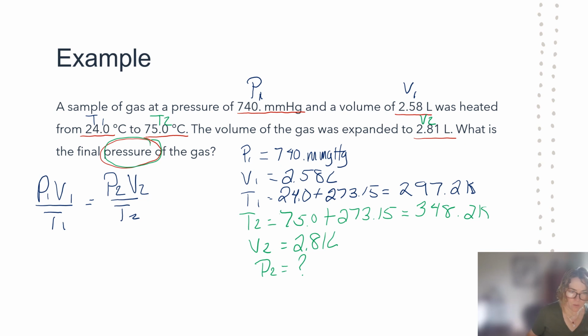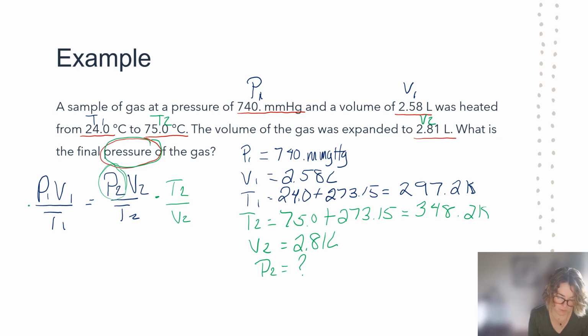The next thing I want to do is isolate my equation to solve for P2. This right here is what I'm looking for. Just a quick refresher: I want to isolate P2 and get that by itself.